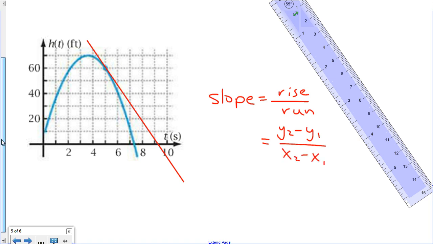Either one of those will, of course, give me the slope of that line. So I already have one point that it goes through. It goes through this point right here, which is at x equals 5 and y equals 60. So this is the point. I'll go ahead and name that point up here. That's (5, 60).